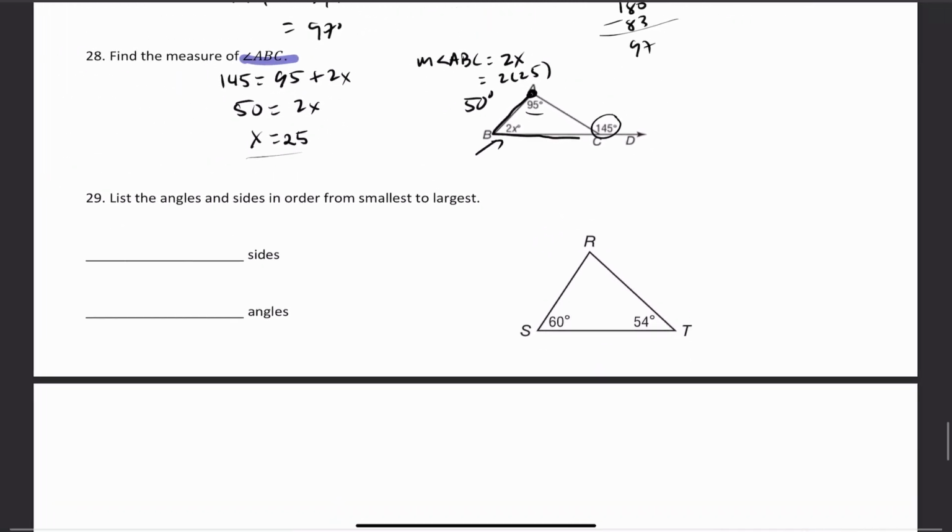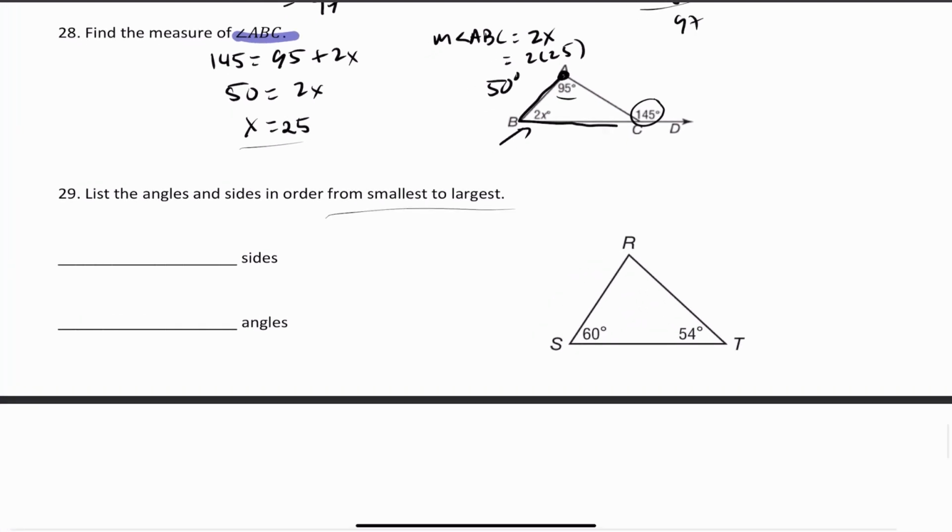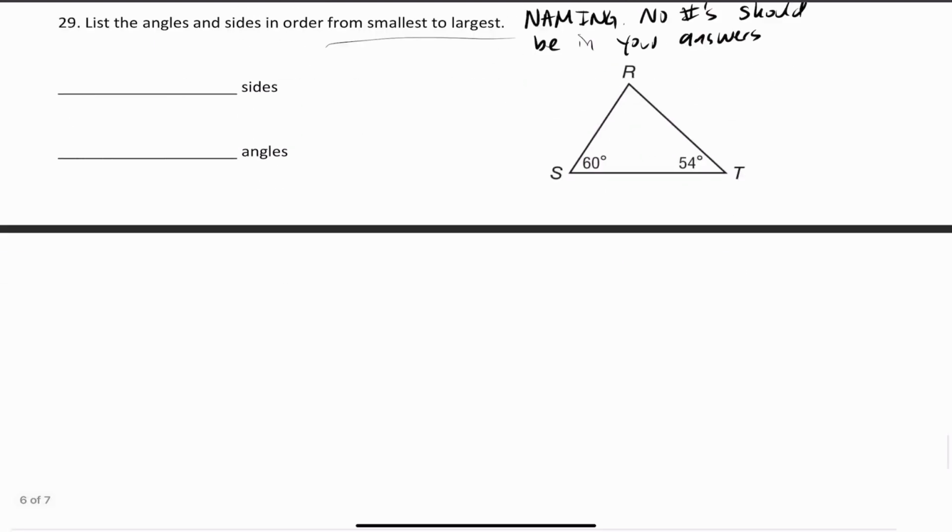Number 29, list the angles and sides in order from smallest to largest. So you're really just naming. No numbers should be in your answers. Okay, so really I want you to understand this.